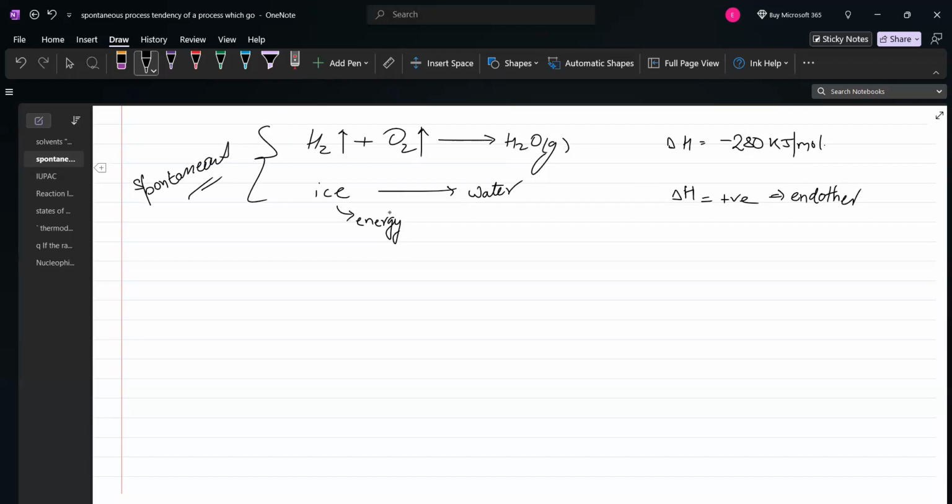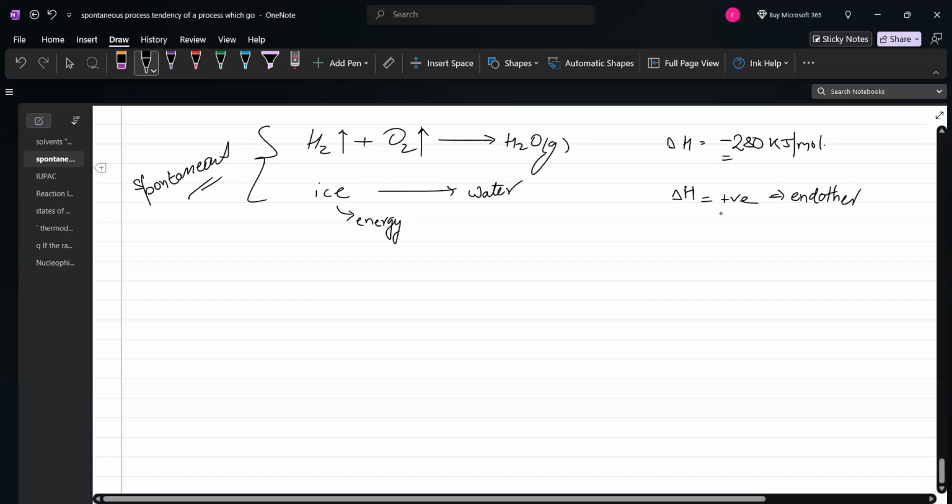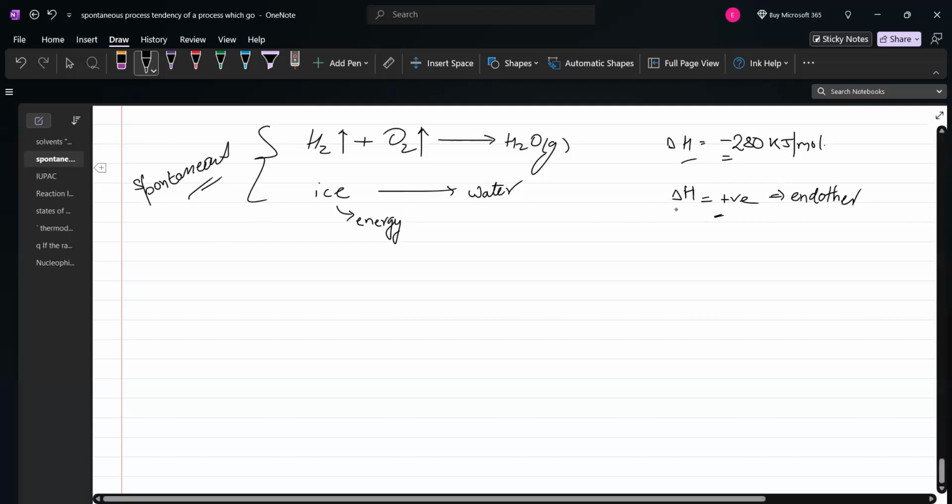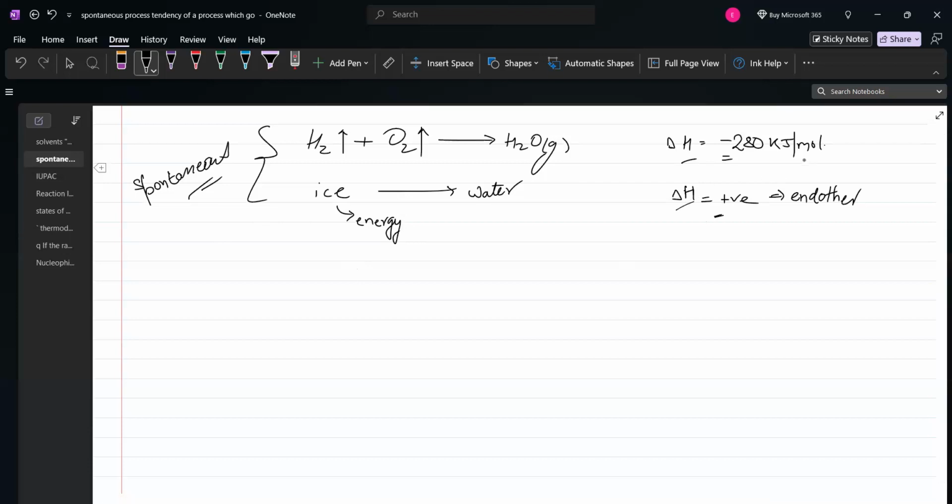And ice can also convert into water. Delta H here is negative, delta H here is positive. Both are spontaneous. So we cannot confirm whether a reaction or process will happen or not with respect to delta H. Okay. So we will not confirm with respect to delta H that a reaction will be spontaneous or not, right?